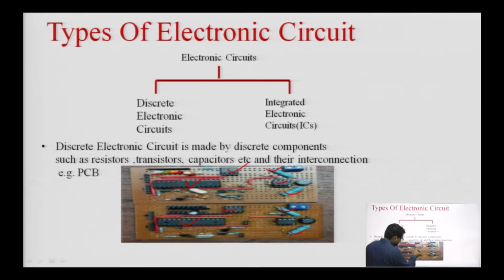This red line shows the conductive wire. So a discrete electronic circuit is basically made with discrete components. This circuit is discrete in nature, where we can easily identify where the monolithic IC, the resistor, the capacitor, the transistor and the LED are. They can easily be defined in a discrete manner.